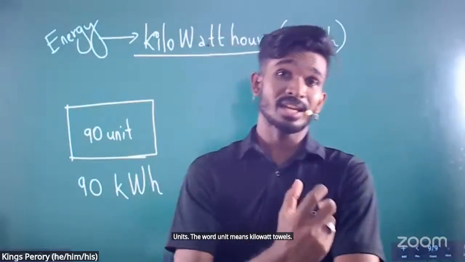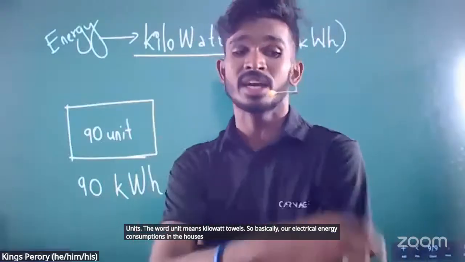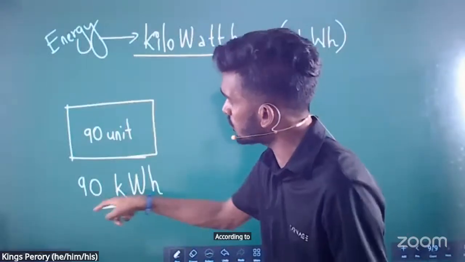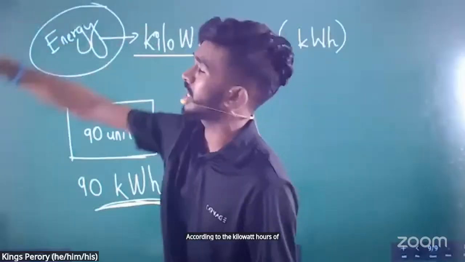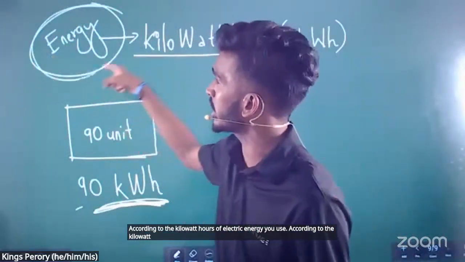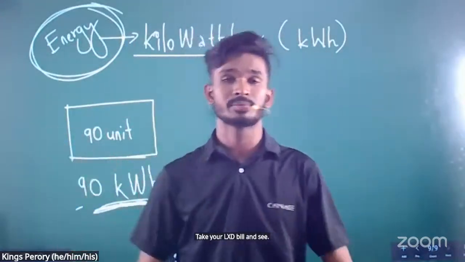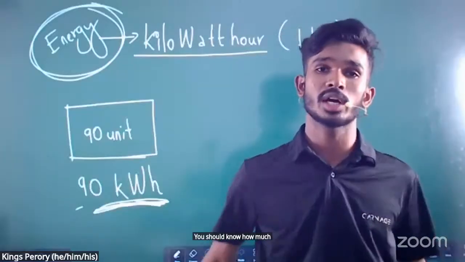So basically, our electrical energy consumption in the houses is billed according to the kilowatt hours of electrical energy you use. Take your electricity bill and see. You should know how much electrical energy you are consuming in your house.